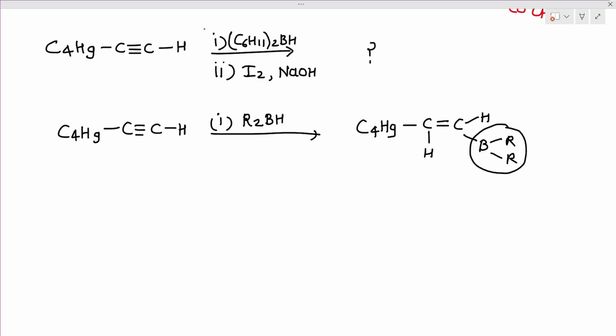Now this compound is treated with I2. I2 we can write like this. So what will happen? See here, this double bond has pi density. This pi density will move on this side and attack this iodine, and this bond will move like this, so that here will be a positive charge and here will be a negative charge.